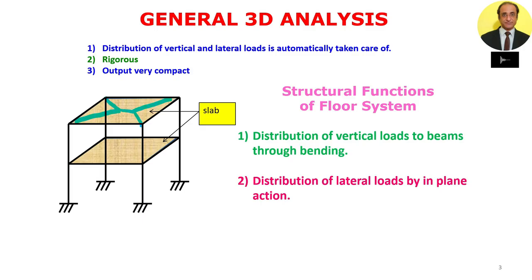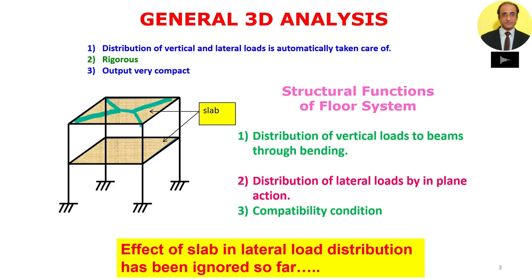In-plane action means that it binds all the beams surrounding it. So it enforces a special compatibility condition. These effects need to be considered rigorously. So far we have ignored these effects in the analysis. Now there are 2 ways of considering it. One way is that we just employ general 3D analysis software and we model the slab elements as plate elements.